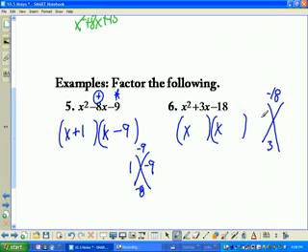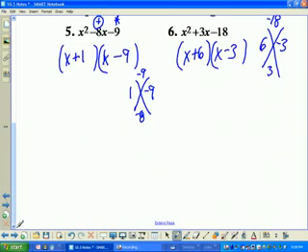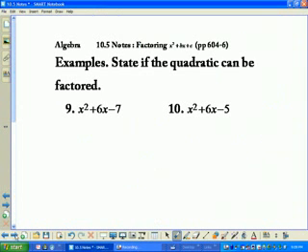It adds to a positive, so the bigger number is positive. So I'll try 6 and negative 3. I could have tried 2 and 9. I could have tried 1 and 18, but I decided to try 6 and negative 3, and 6 plus negative 3 is 3. You just do guessing and checking until you get it right. So there we go. X plus 6, x minus 3. We're done with that problem. That's what we got to do in these.